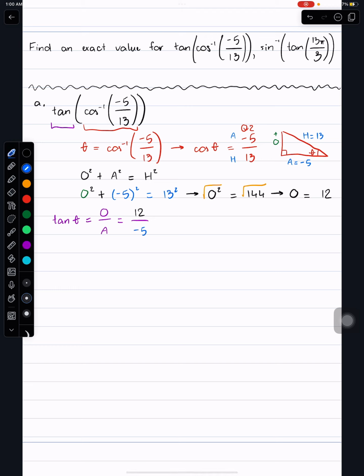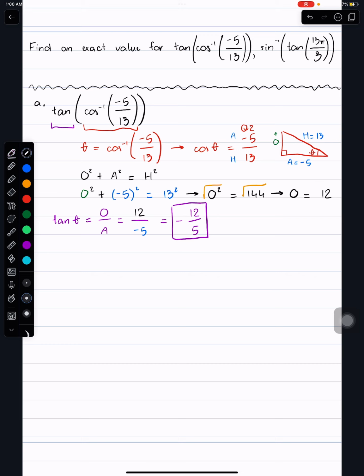So the final answer would be -12/5. And that's it for part A. Just use the definition of SOHCAHTOA for the given functions, and then you get to the right place.